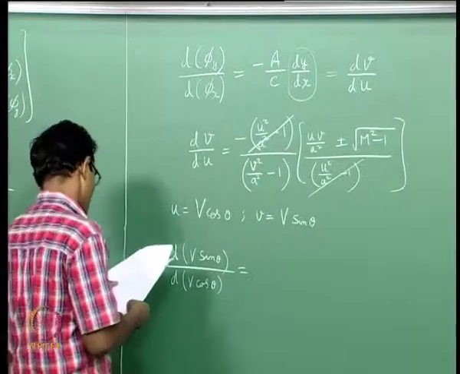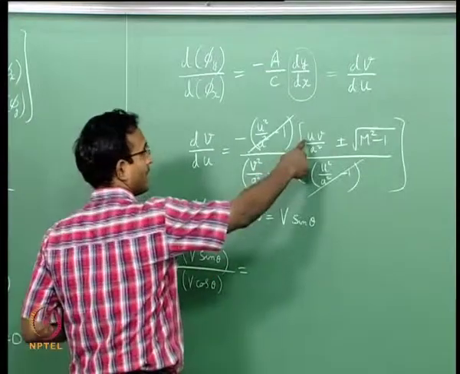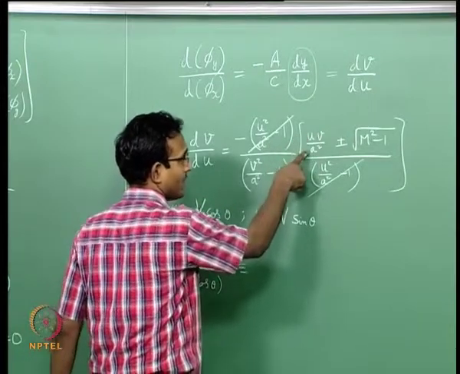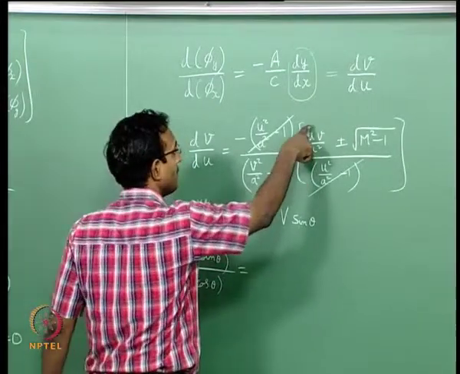This is equal to, you know how it comes out, there is going to be capital V square coming out from here. Capital V square by a square is my Mach number square, and remaining will be cos theta sin theta.